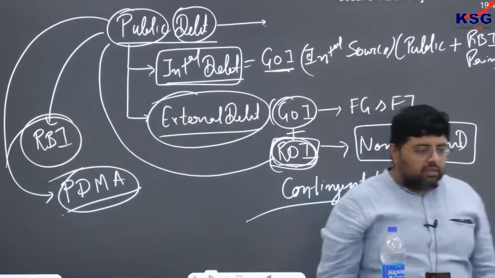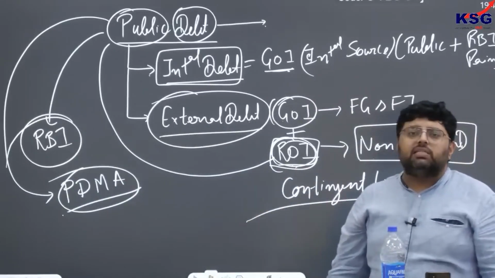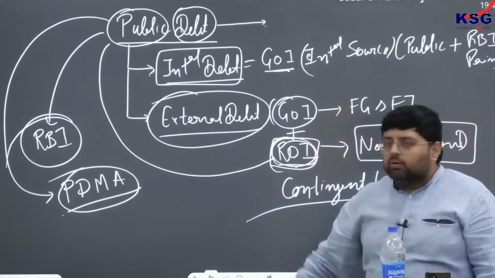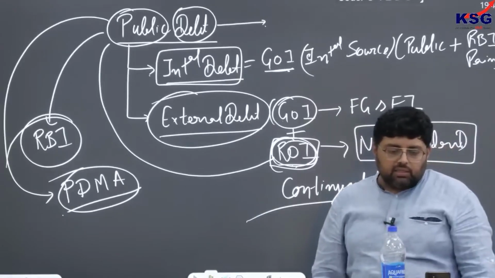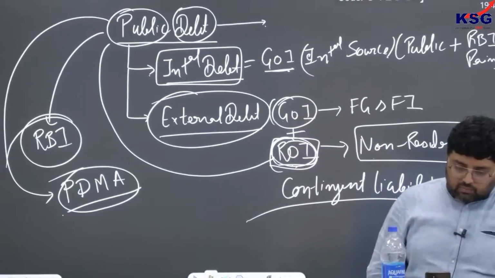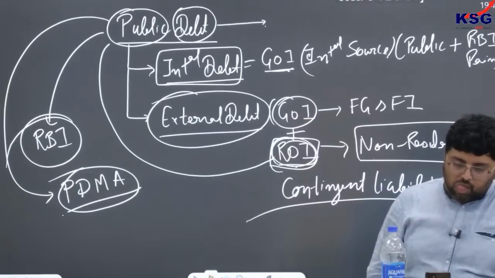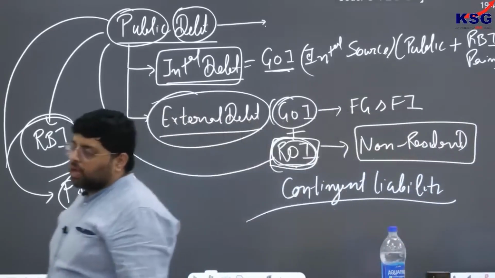That is why the debt of the Government of India, or public debt, is very sensitive information which cannot be given to anyone who does not have legal backing. Clear? That is why it is not given to the PDMA. I hope it is clear to you.